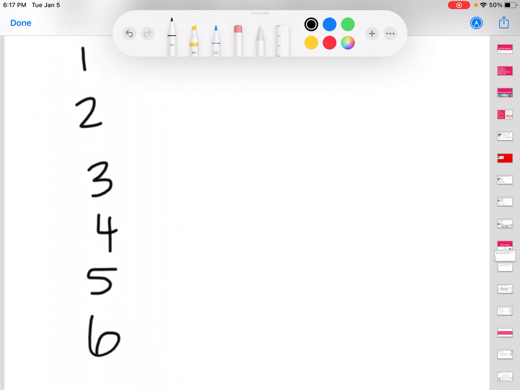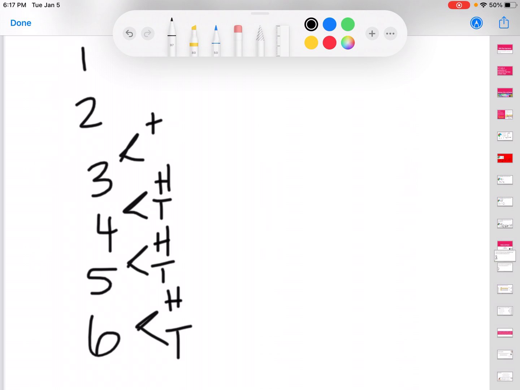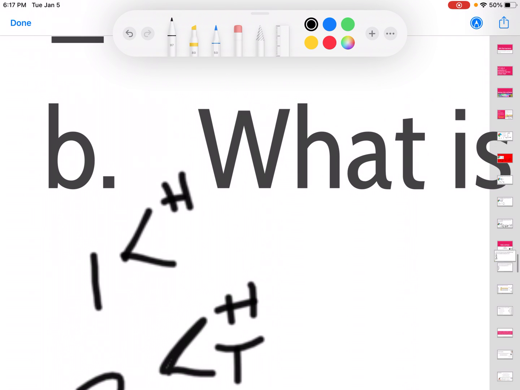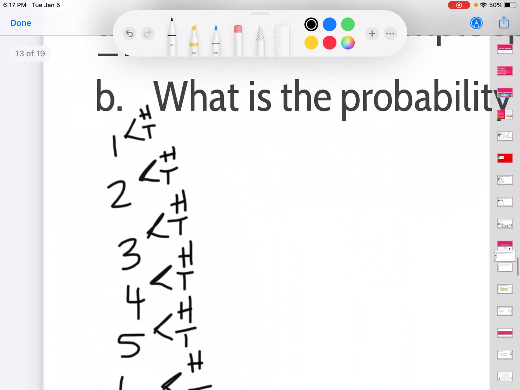And then the next would be a heads or tails. Now I could write this out as a table. I could write this out as a graph or as an organized list, or a tree diagram like I'm doing.